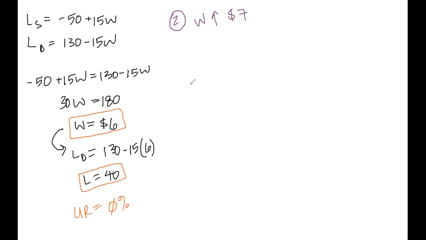So when we're looking at the amount of people who are hired in a firm, we're looking at labor demand. So what we need to do is plug the $7 into our labor demand equation to see how many people firms are demanding, and then compare that number to what we just found.